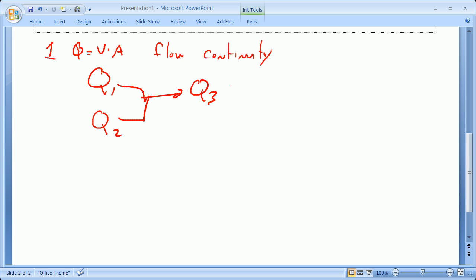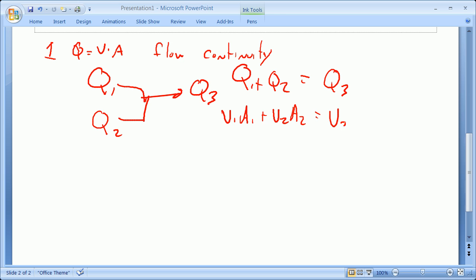And so you have to know that Q1 plus Q2 equals Q3. And of course Q1 equals velocity 1 times area 1 plus velocity 2 times area 2 equals velocity 3 times area 3. So this is typically done by a link and node that you saw in Hydrograph.